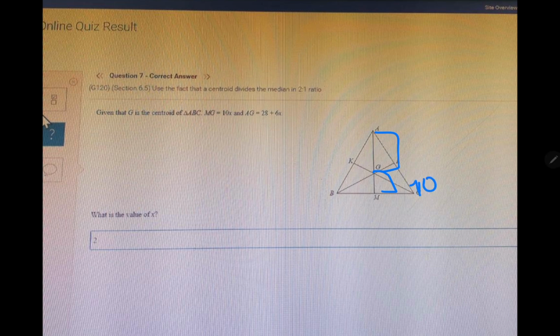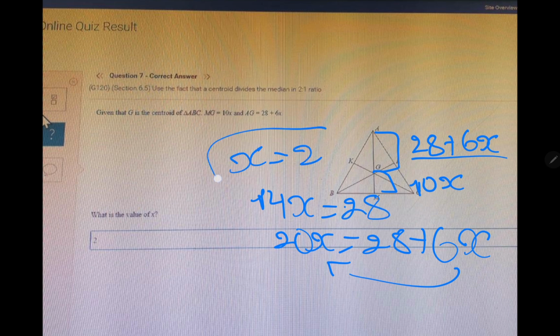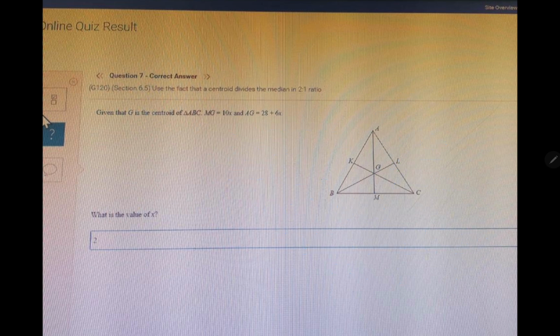So if MG is 10x and AG is 28 plus 6x, and we said that double of MG is equal to 28 plus 6x. So 20x is equal to 28 plus 6x. Bring 6x here. Now we have 14x is equal to 28. So then x is equal to 2. And that's how we solve it.